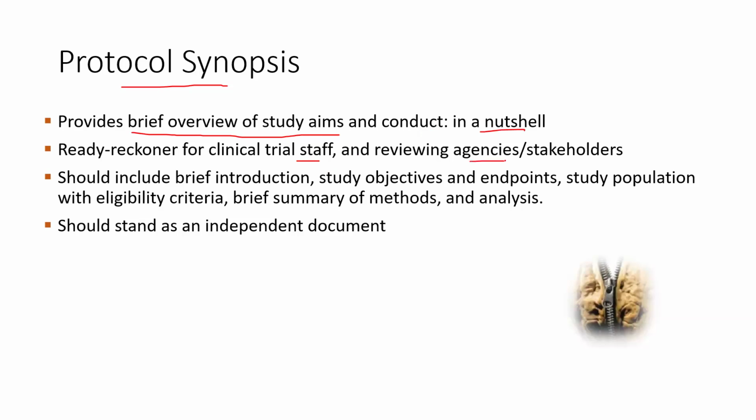The sections given in the synopsis are your brief introduction, study goals, endpoints, study population, a brief summary of methods, and how you are analyzing. So this works as an independent document of your protocol, and it is also attached within the protocol.